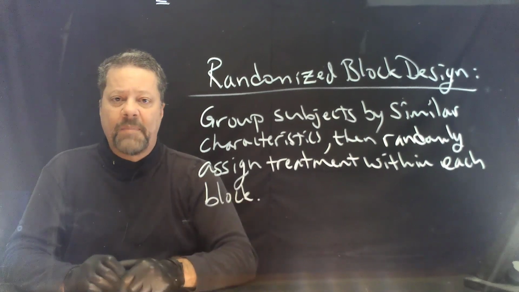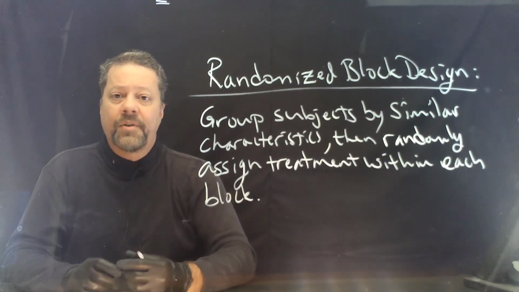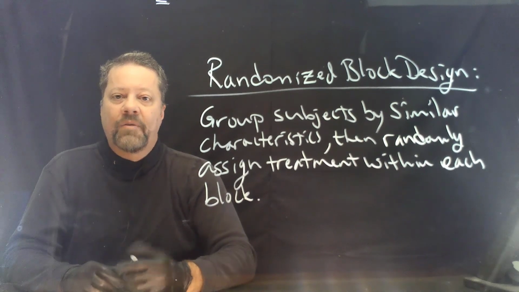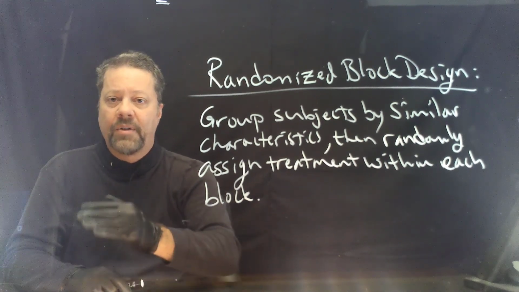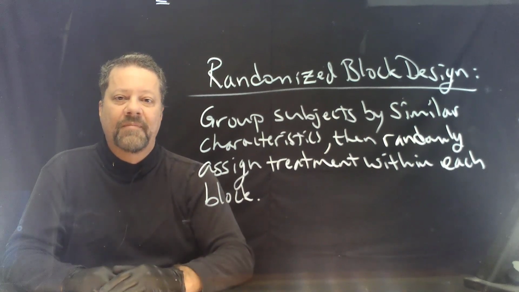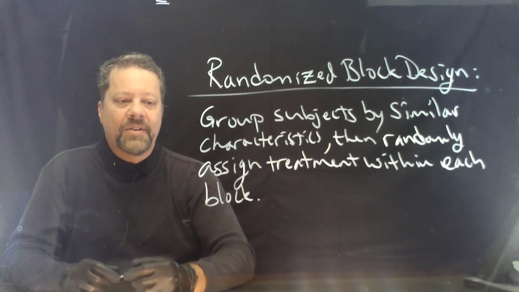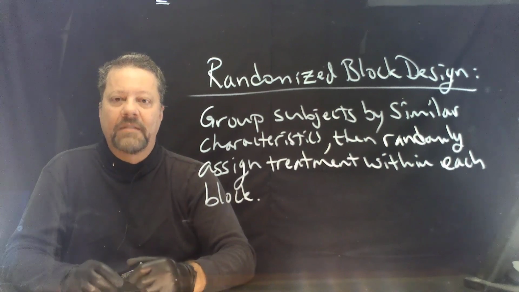An example might be separating your subjects into male and female, and then randomly choosing treatment or placebo within each of the groups, male and female. That way, you can see that there won't be some confounding factor.